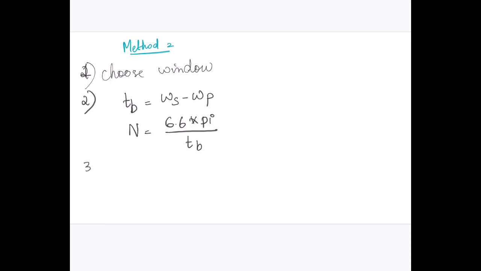The cutoff frequency can be computed using omega p plus omega s divided by 2, that is stop band plus pass band divided by 2, and in order to normalize it, this has to be divided by pi, that is converting to radians.